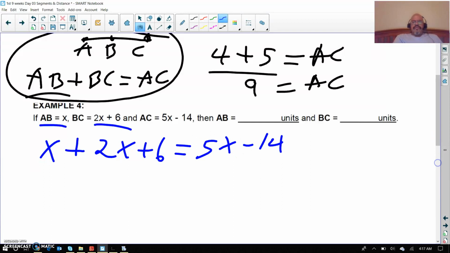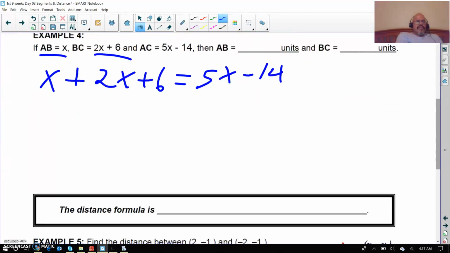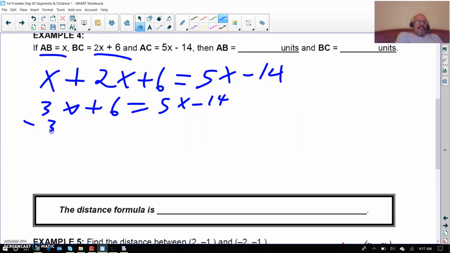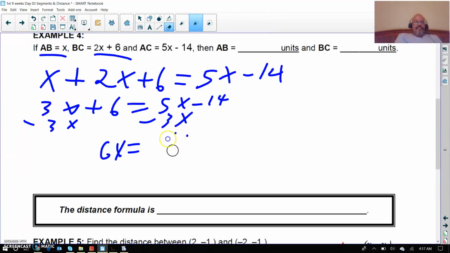Let's do this real quick. So this is going to be 3X plus 6 is equal to 5X minus 14. Subtract 3X from both sides. So we end up with 6 equal to... oh no, I messed up a little bit.